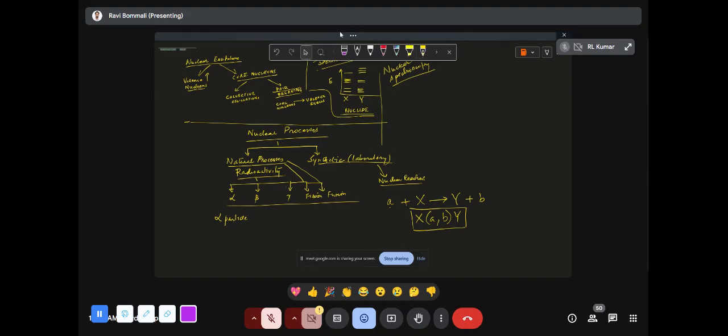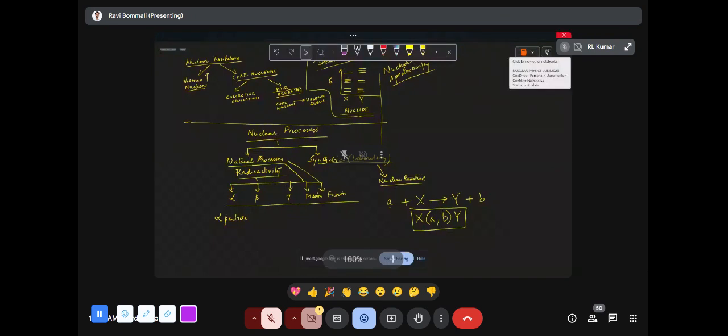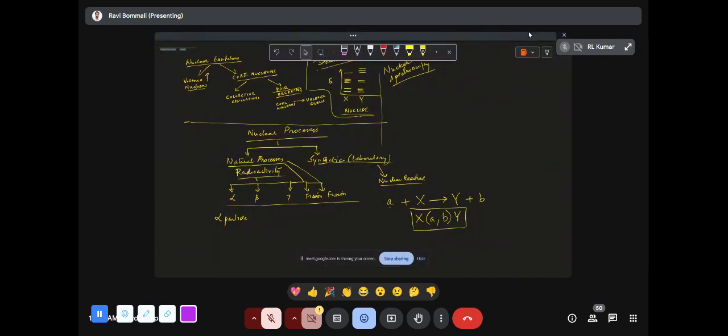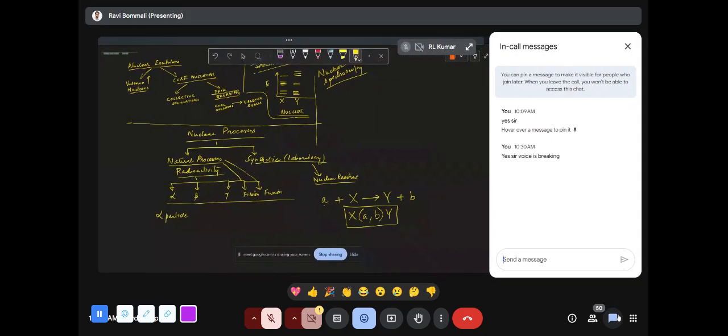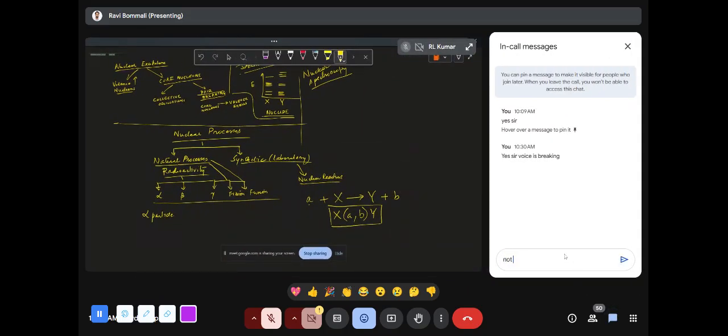I cannot see a thumbs up, unfortunately, because I'm sharing the screen. So you have to tell me if my voice is clear. No, sir, my voice is not clear. Are you using a headphone? I'm not using a headphone. I think you are speaking a little closer to the mic at some moments and a little farther away at others, so your voice is not as smooth as we would like.